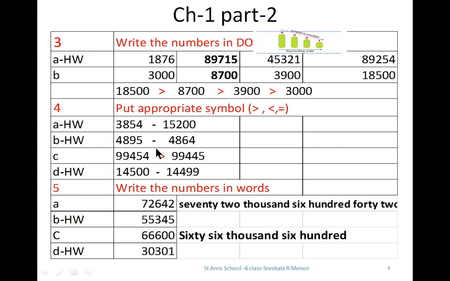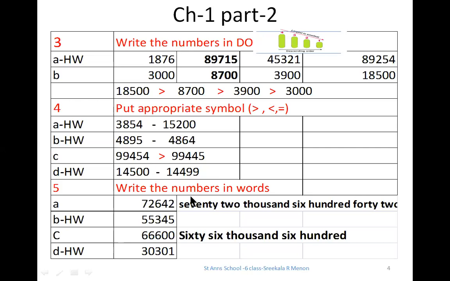Look at the sign. The crocodile mouth is opening towards the bigger number. So in this way you can put your sign. Look at the next one, that is your homework.